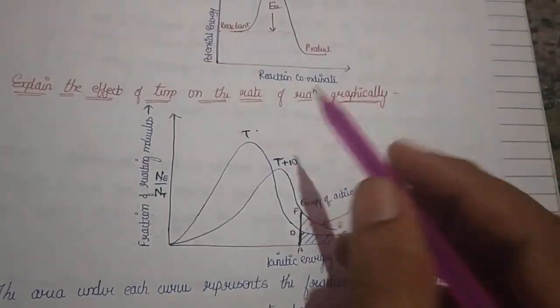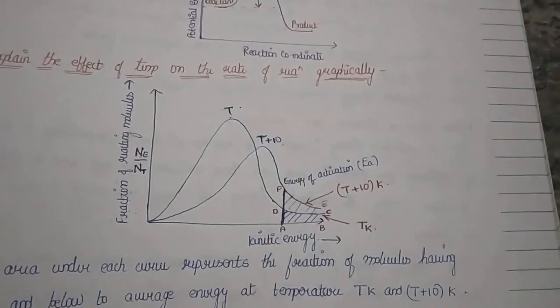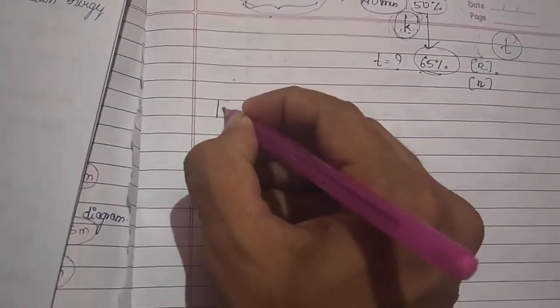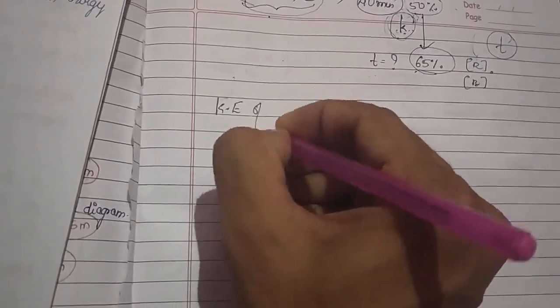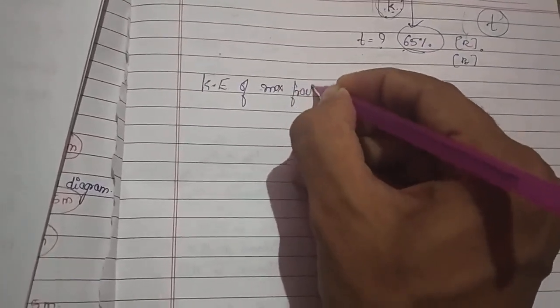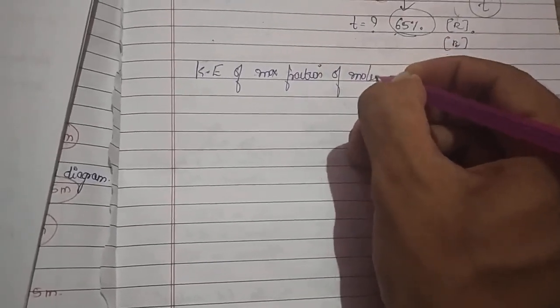Whatever peaks you are observing in both the curves represent the most probable kinetic energy. Then what do you mean by this most probable kinetic energy? It is the kinetic energy of the maximum fraction of molecules.